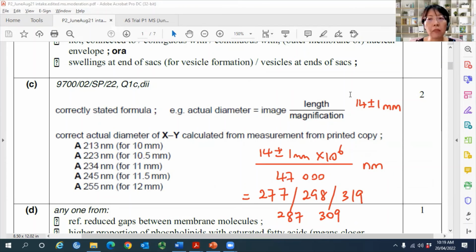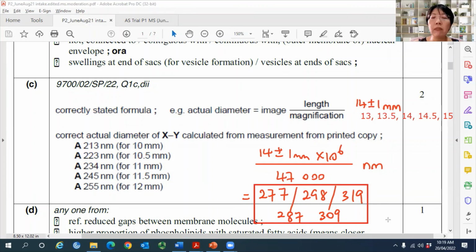That means your measurement can be 13, 13.5, 14, 14.5, and 15. We accept only these measurements. Based on these measurements, after you calculate, the actual length should be these only and nothing else. These are the only possible answers in nanometers. No other answer is acceptable.